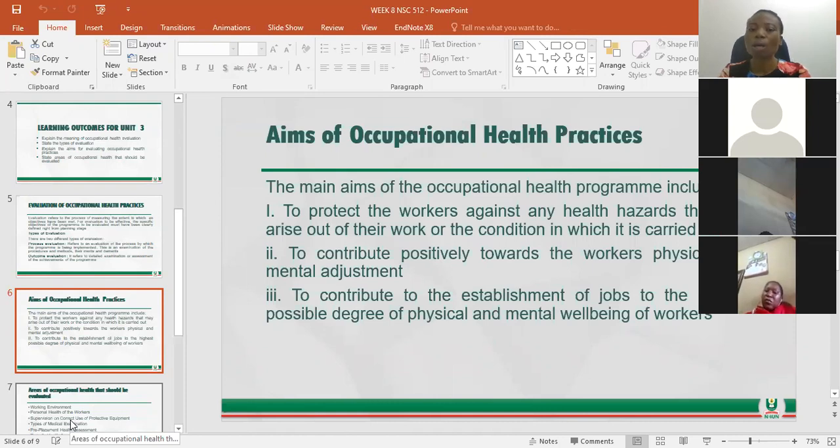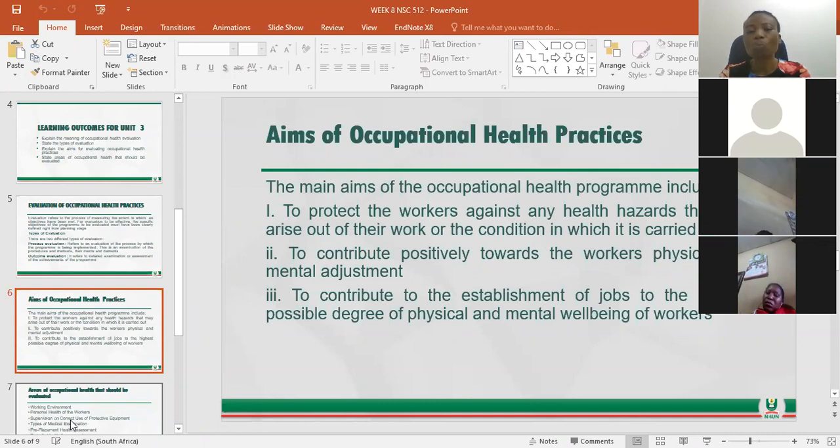The first is to protect the workers against any health hazard that arises out of their work or the condition in which they carry out their jobs. Whether a person is working in a hospital, in a factory, in a farm, or in any institution, you want to protect them against health hazards.